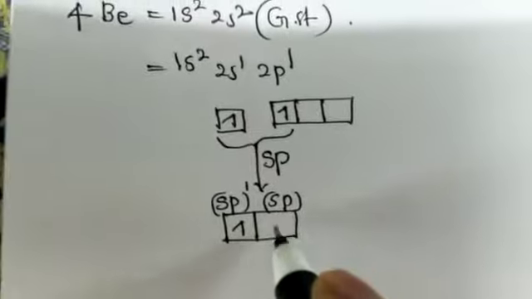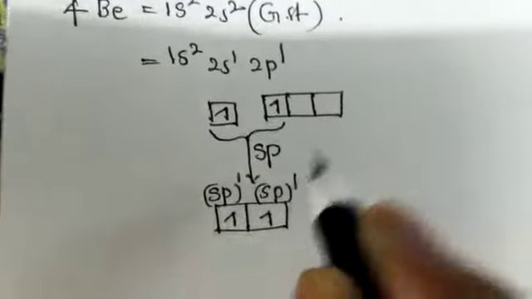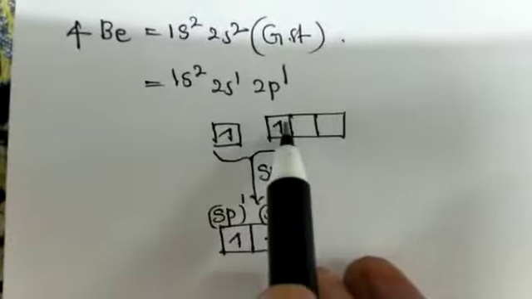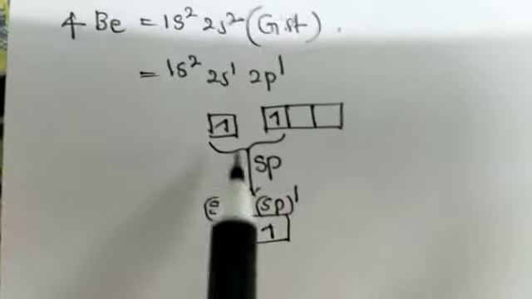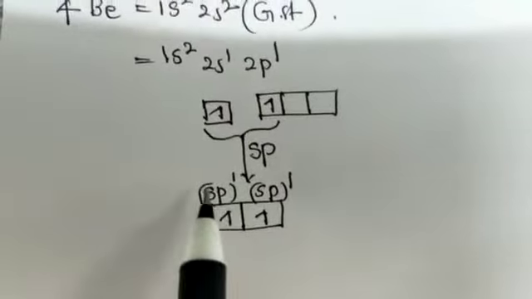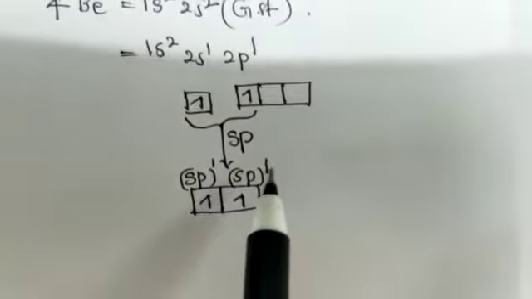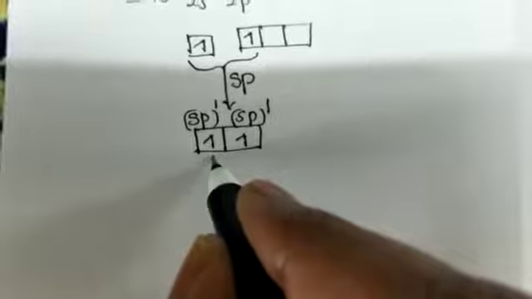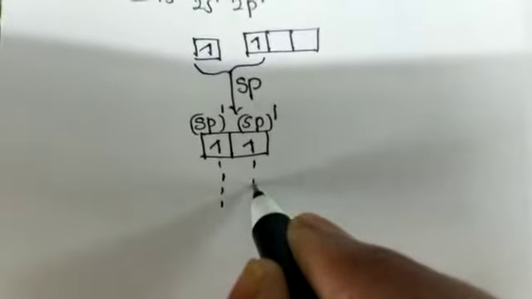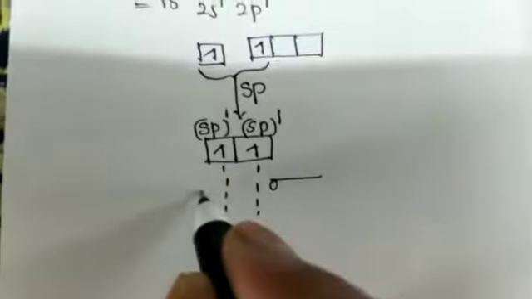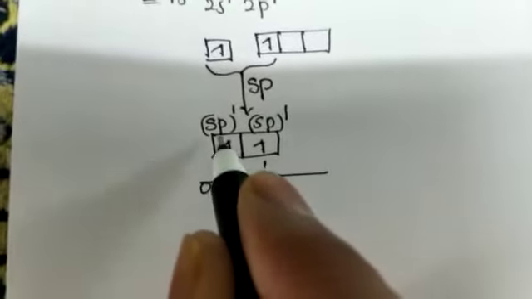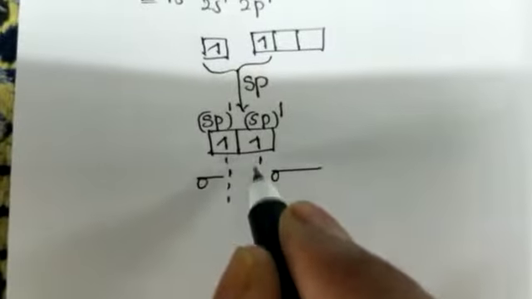One point to remember: hybrid orbitals always form sigma bonds, which is very important. Hybridized orbitals can form sigma bonds.